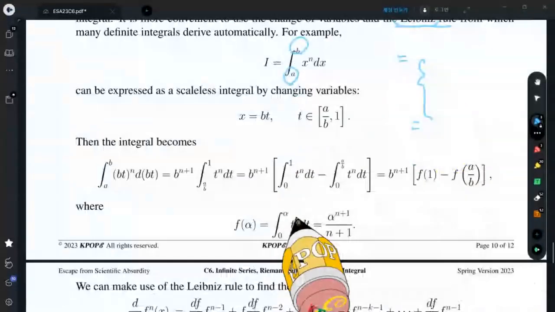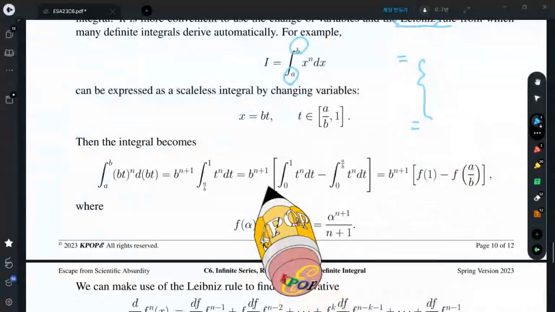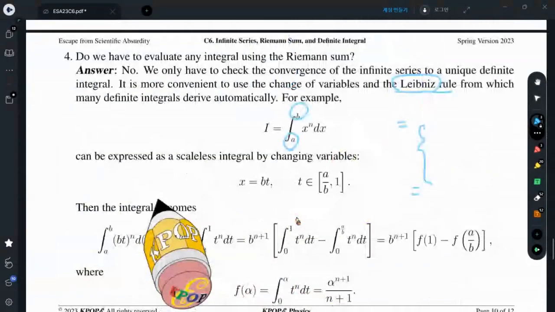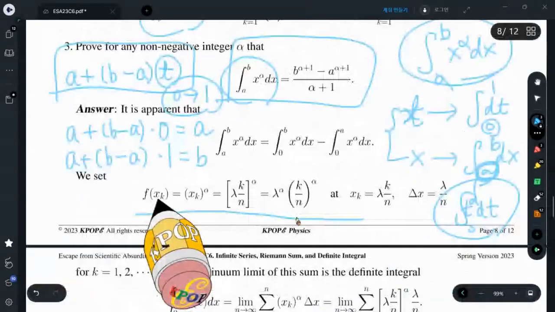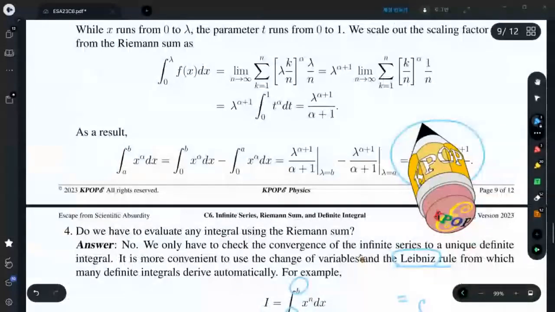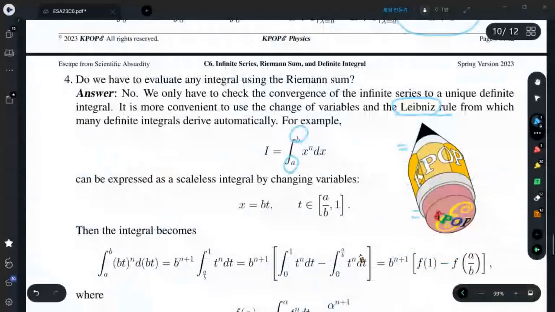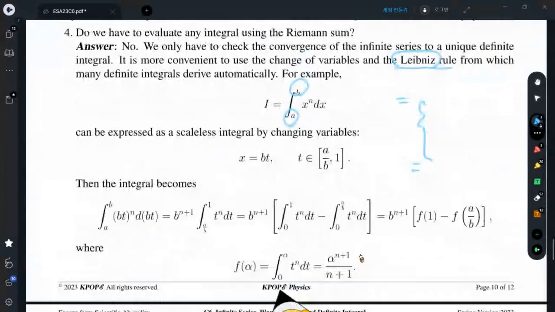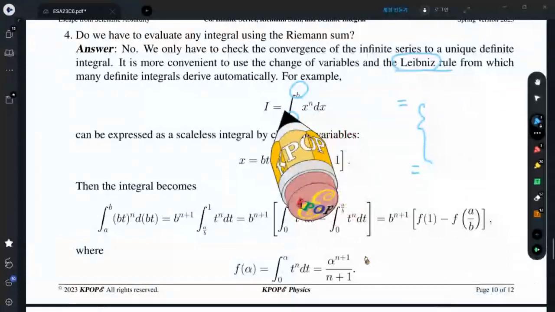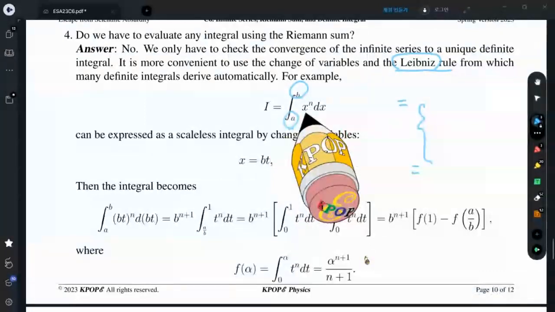Okay, let's see. This is what I previously explained, the change of variable, the realization of change of variable. We can always rescale this integral into a dimensionless integral. As you know, numbers in physics differ from those in mathematics.